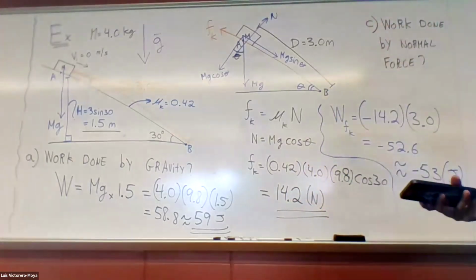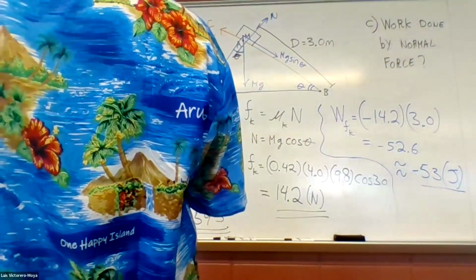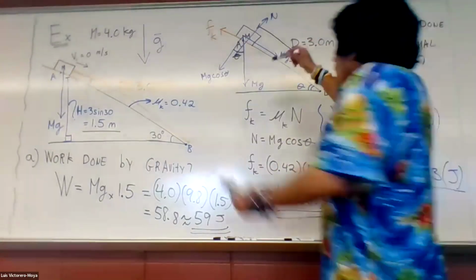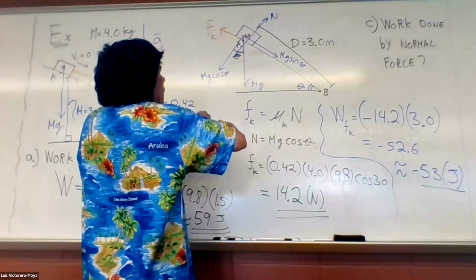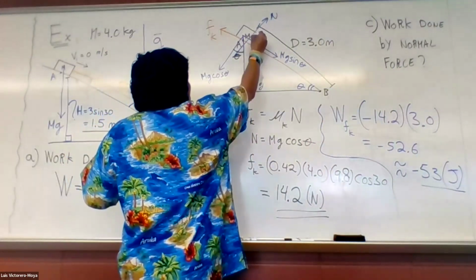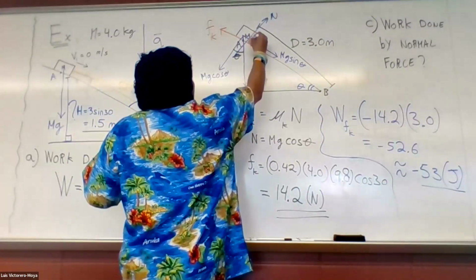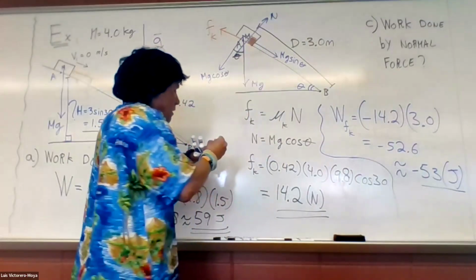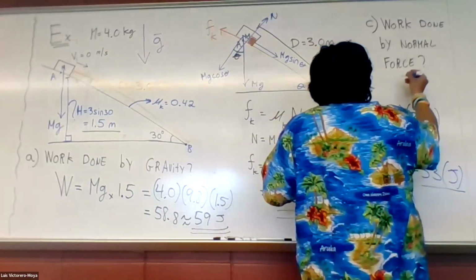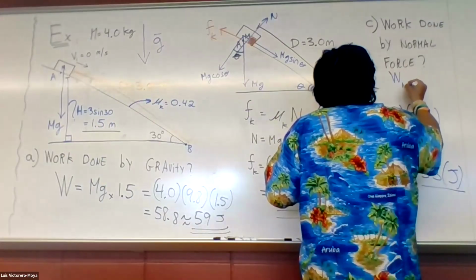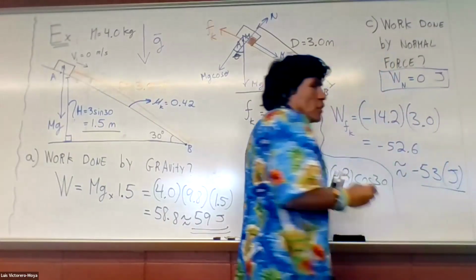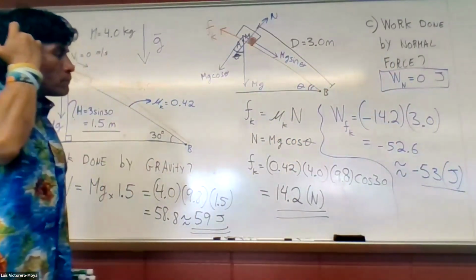Nobody? The normal makes 90 degrees with the inclined plane. Because the normal and the distance traveled are perpendicular, the work by the normal force is just zero. That's the definition. Okay?